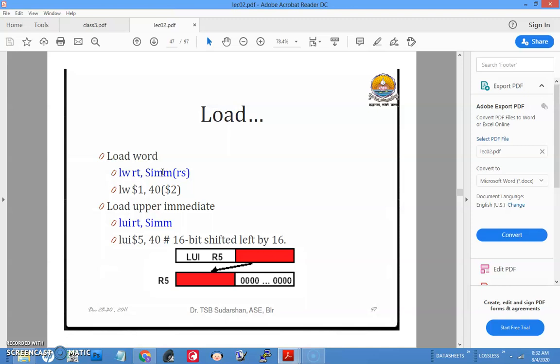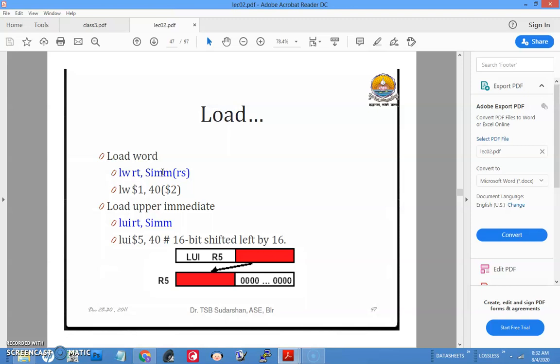Next one is loading into the upper half. LUI, load upper immediate. Here also this is a signed immediate. You can load the upper part of R5.